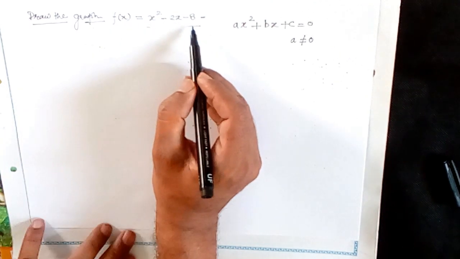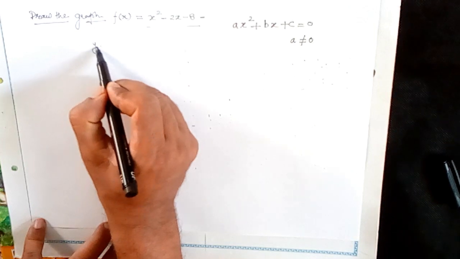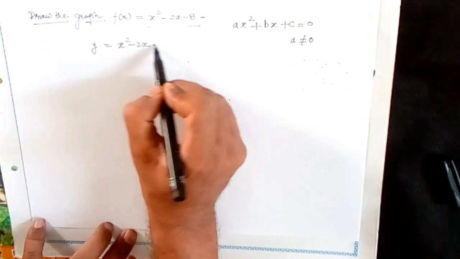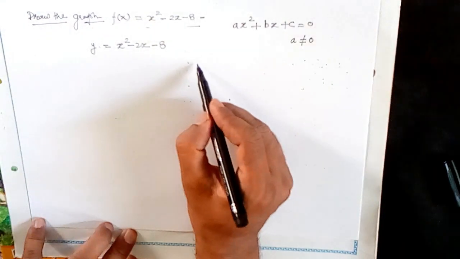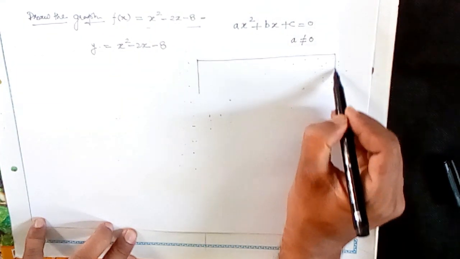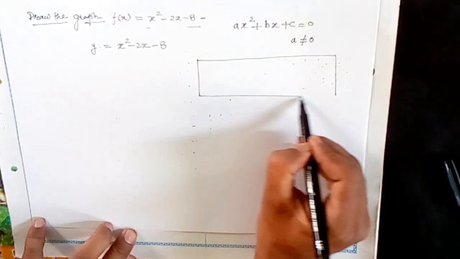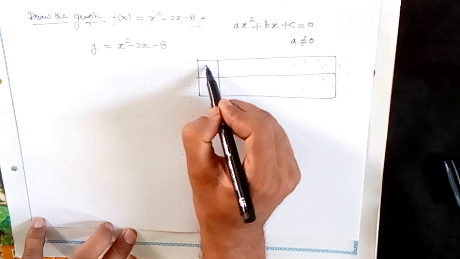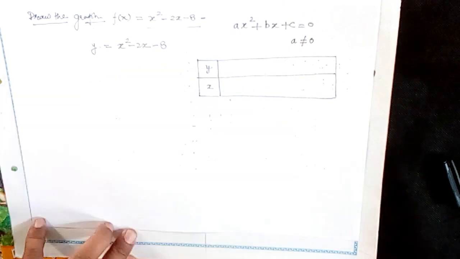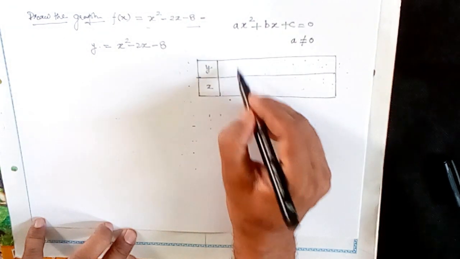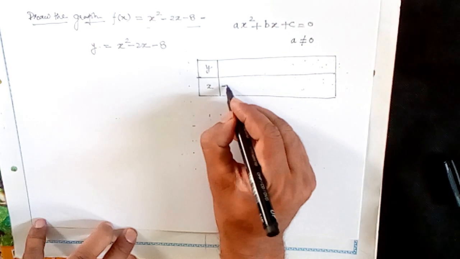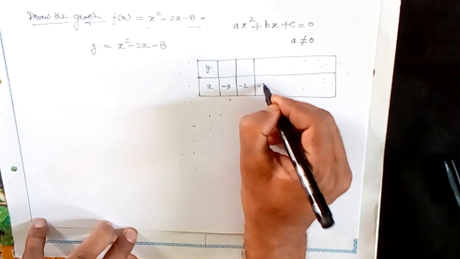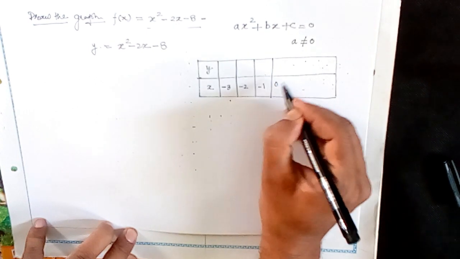Now we can again take y equals x square minus 2x minus 8. First of all, we will make a table. Here we are taking y and here we are taking x. I am going to take values minus 3, minus 2, minus 1, 0, 1, 2 and 3.